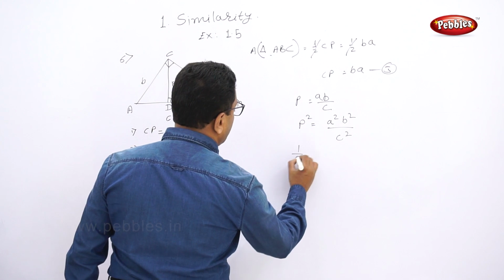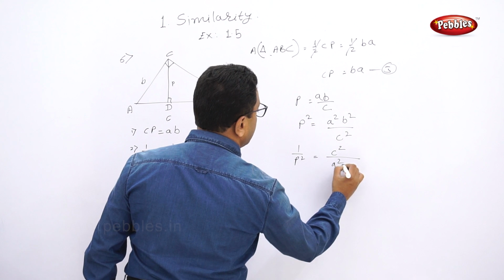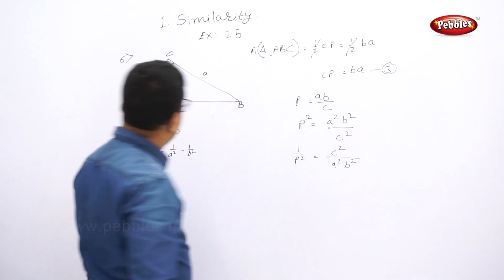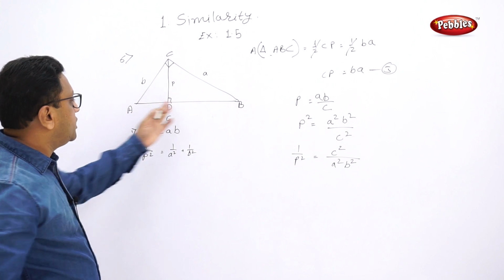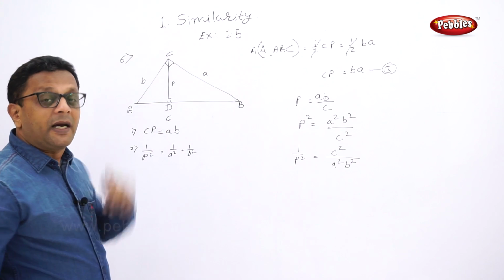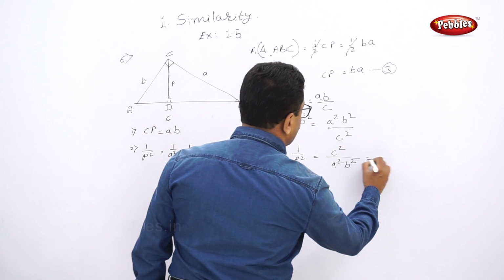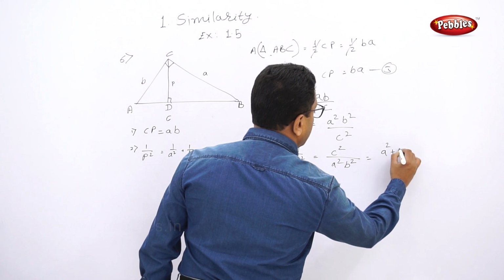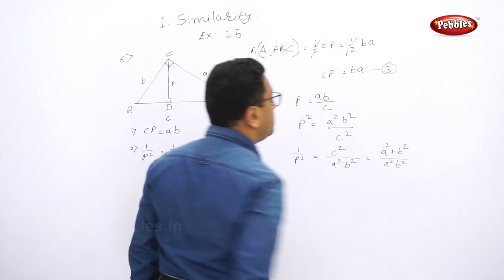Now I can do invertendo. I can write 1 upon P square is equal to C square upon A square B square. But what is C square? C is the hypotenuse. By Pythagoras theorem, C square is equal to A square plus B square. So this is equal to A square plus B square upon A square B square.